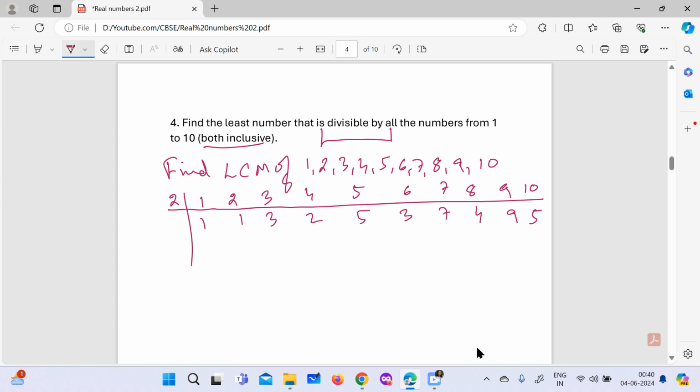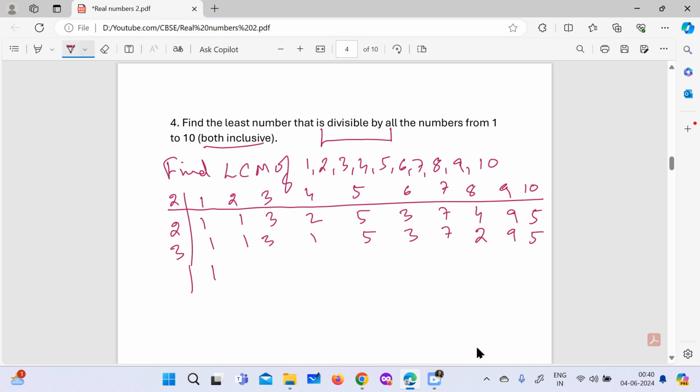Now we can do again with 2. No chance of doing with 2 anymore, so let's go with 3 now.